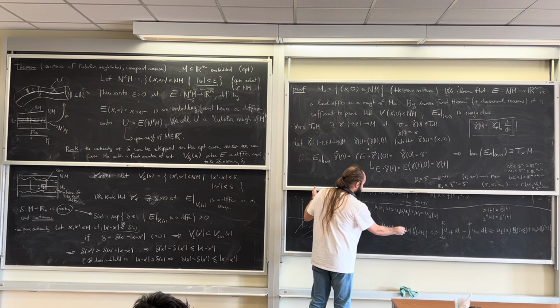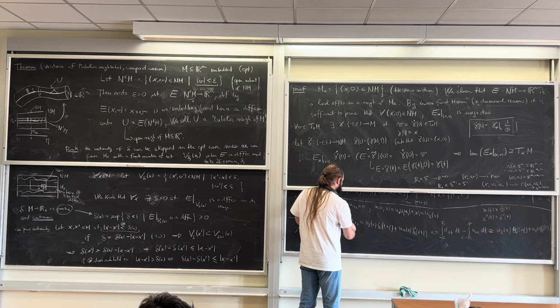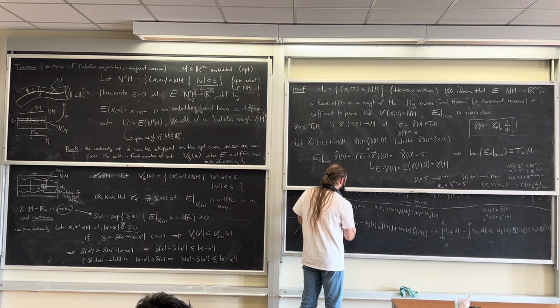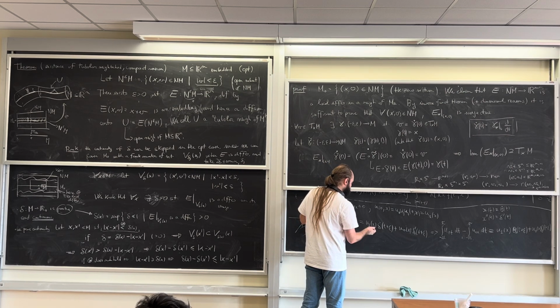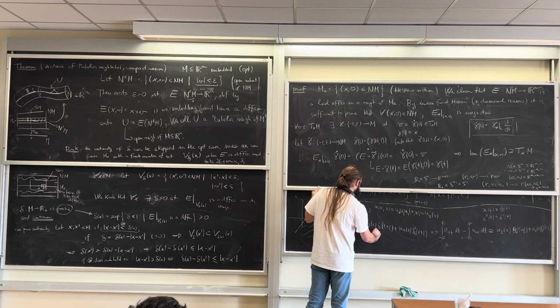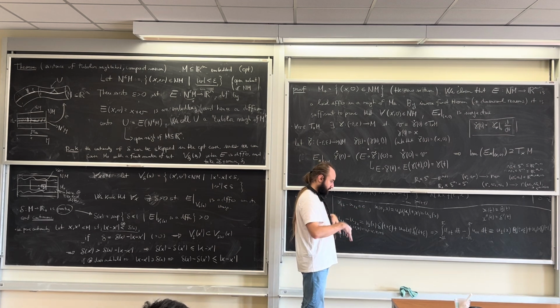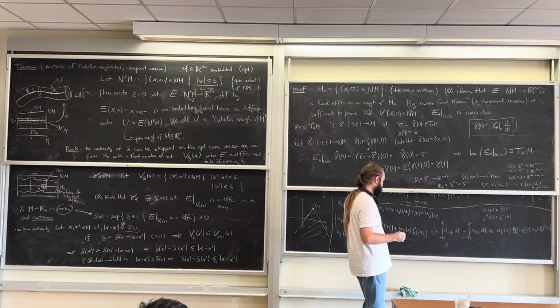So we should also add initial conditions here: u of minus 2 epsilon, x equals u_t of minus 2 epsilon, x equals 0. These imply that u is 0 for all negative values of t.